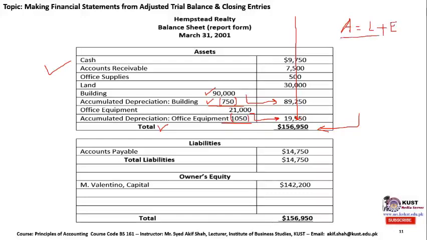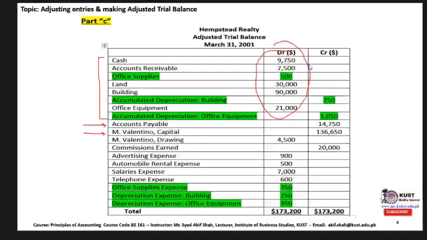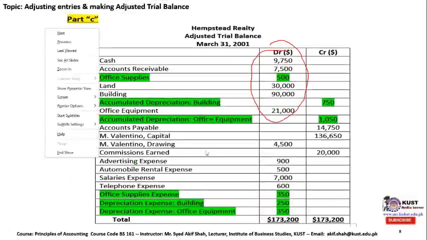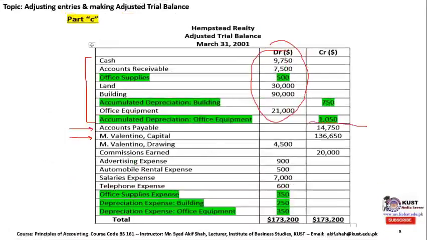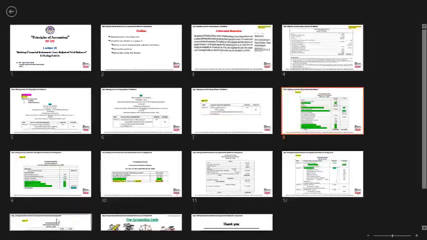So this equation must be satisfied in the balance sheet. So for liabilities, let's go back to the adjusted trial balance to find out the liability. The liability is $14,750.